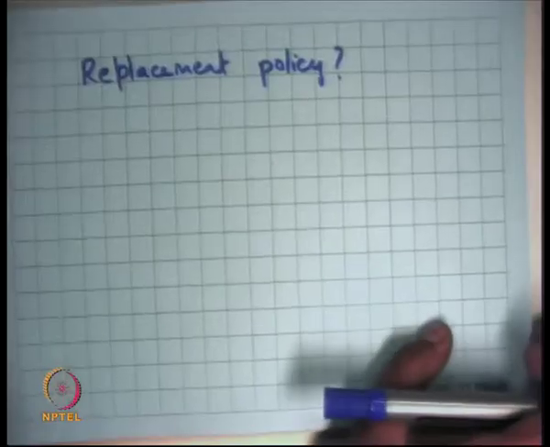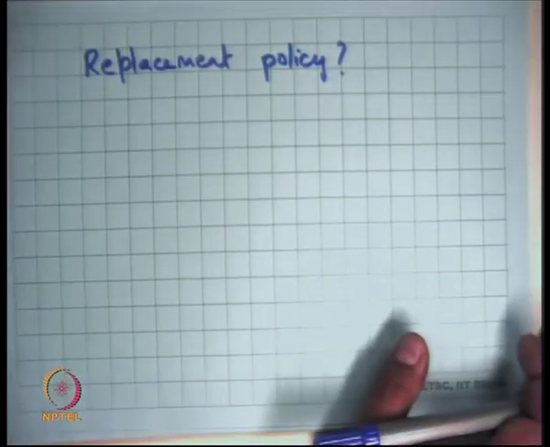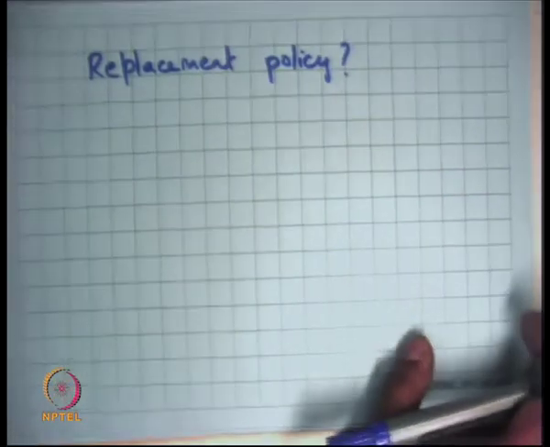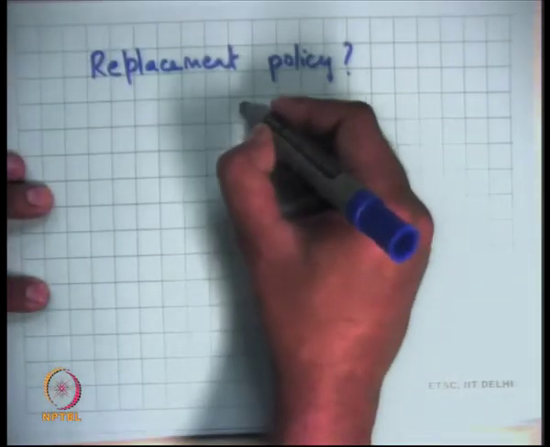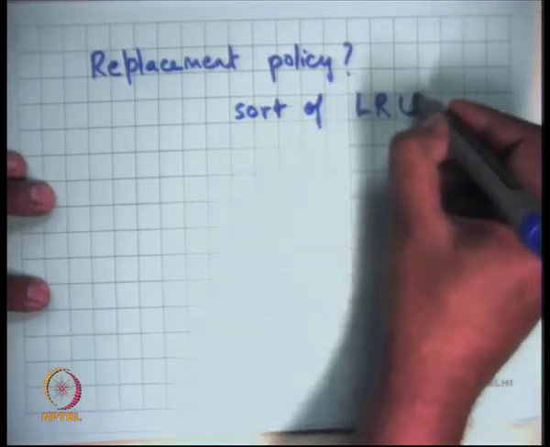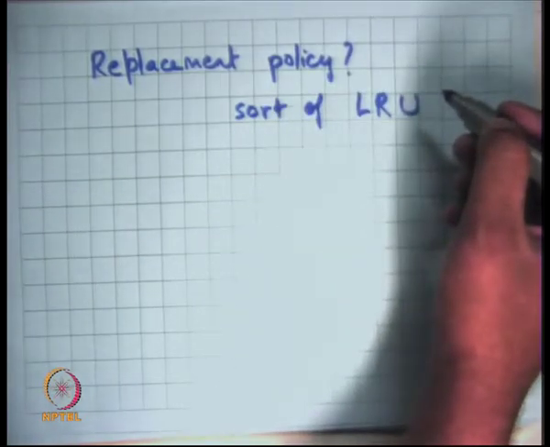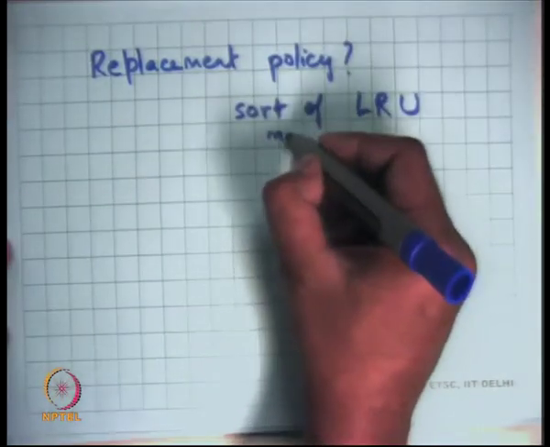And as I said, it's very important to maximize hit rate. So what should be the replacement policy? It should be some kind of fully associative policy. It requires more discussion, but sort of LRU, least recently used. You've seen least recently used before in computer architecture. So sort of LRU, and we're going to discuss this more.